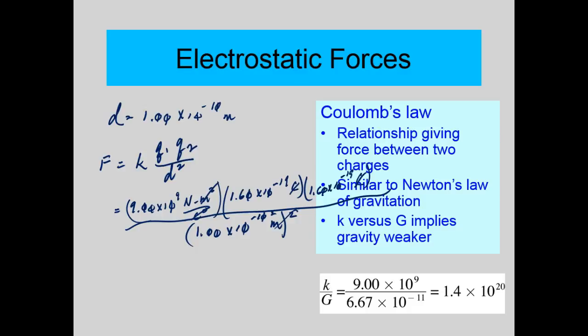If you got your calculator, you can just say 9, EE or EXP 9, times, here's the easy way to do this one, 1.6, EE or EXP, your negative in parentheses, 19, close that and square it, because you see these two numbers are exactly the same.